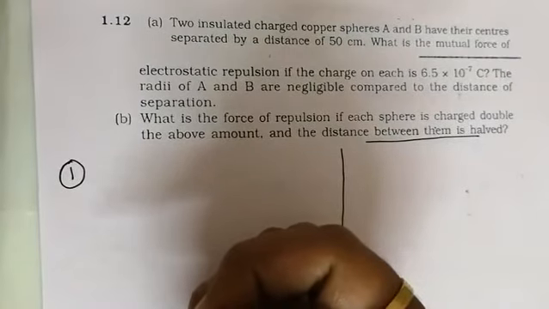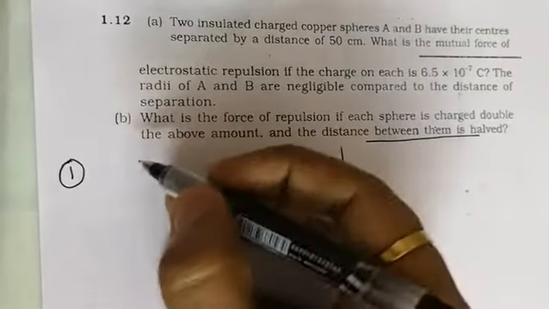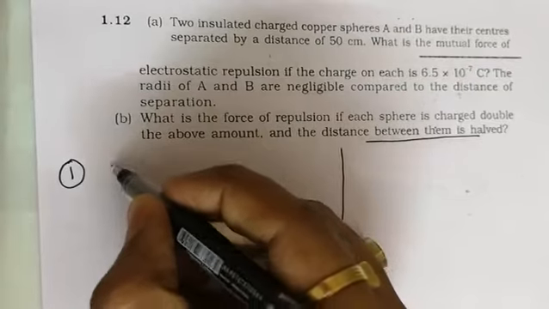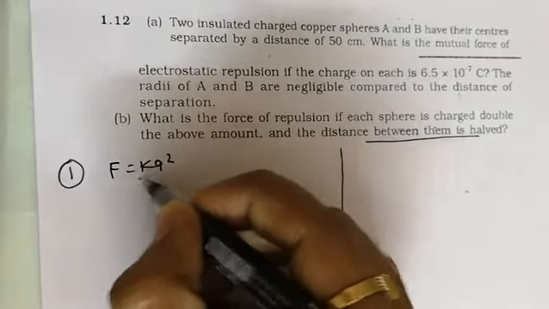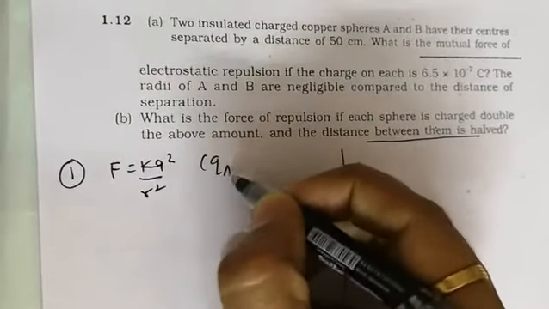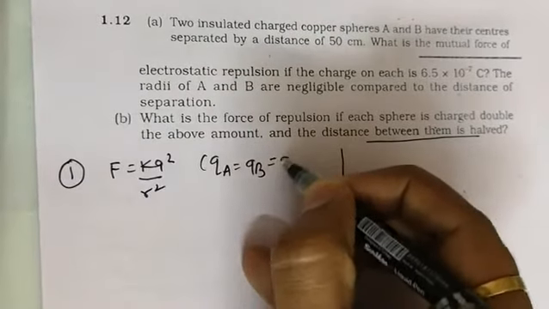For the very first part, F would be kq² by r², because both charges are equal.